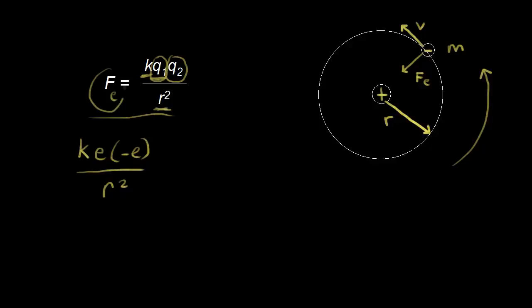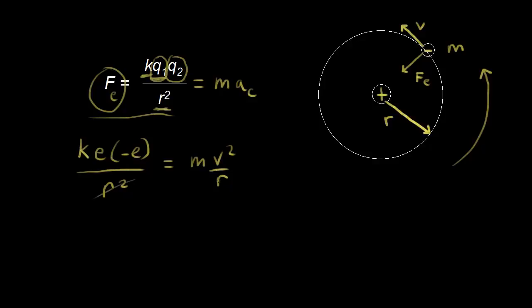Force is equal to mass times acceleration using Newton's second law. m is the mass of the electron, and this would be the centripetal acceleration since we're talking about a centripetal force. We know the centripetal acceleration is equal to v squared over r, so we can plug in m times v squared over r.